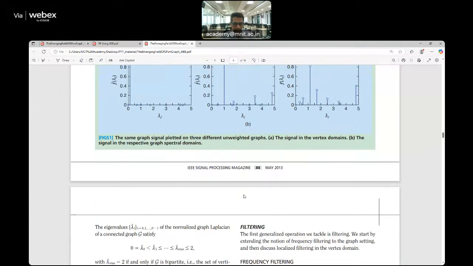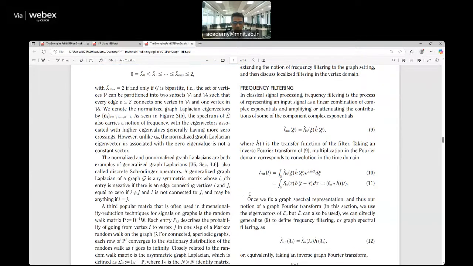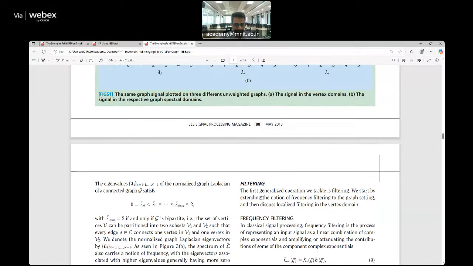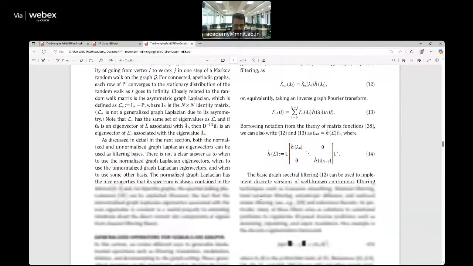That's how you begin to appreciate what frequency is, what the graph Fourier transform is. The other concepts like filtering, which we introduced yesterday, have been explained.